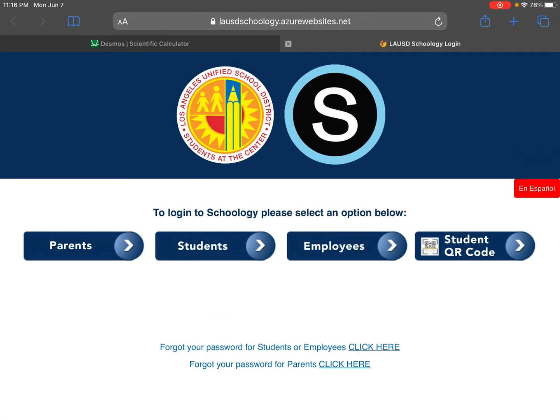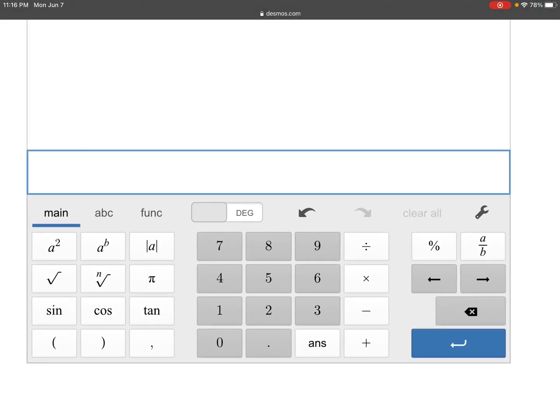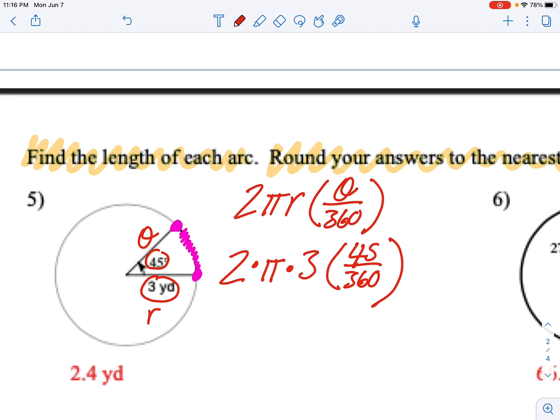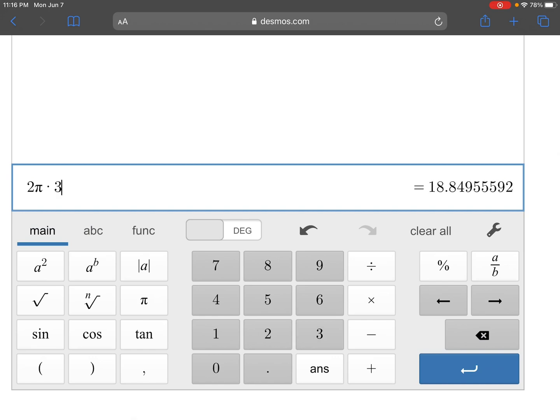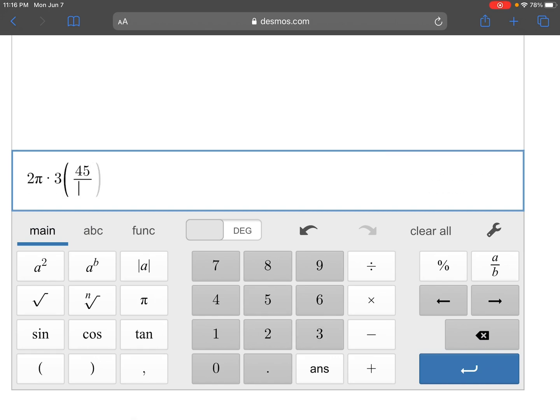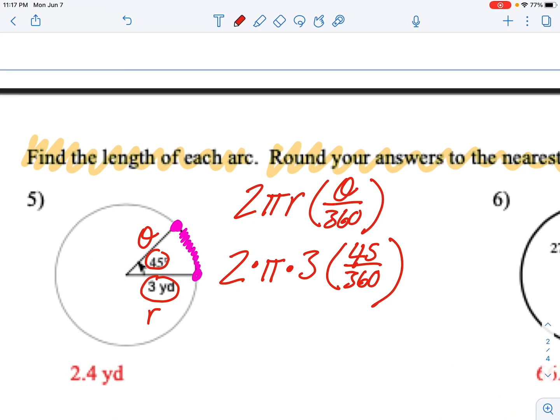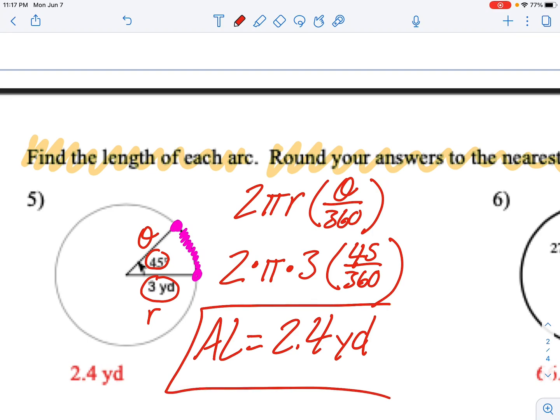I clear that, and I say 2 pi times 3, parentheses, 45 divided by 360, is 2.35. The 5 moves the 3 up, rounding to the nearest tenth place to a 4. So we get arc length is equal to 2.4 yards. Look at that.